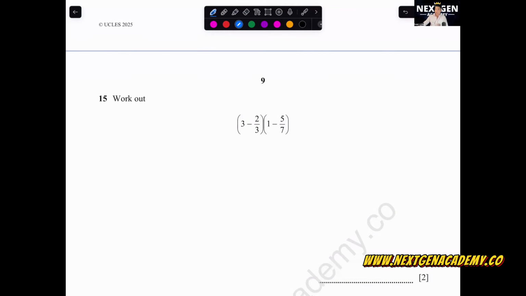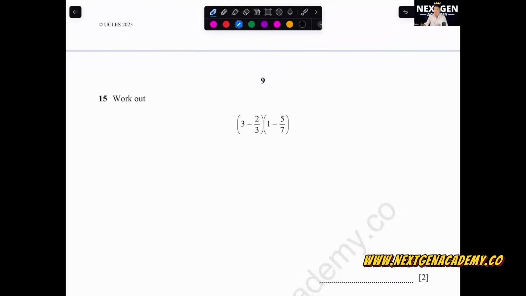First one, 3 minus 2 over 3. What's 3 minus 2 over 3? 1 over 3. Then 1 minus 5 over 7. Okay, 3 minus 2 over 3 is 1 over 3. Are you all sure?